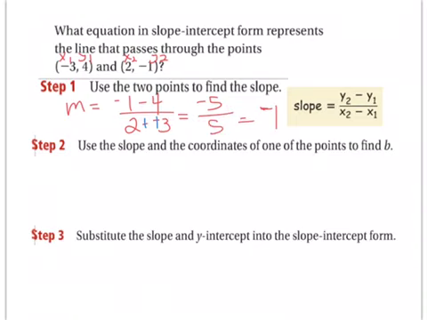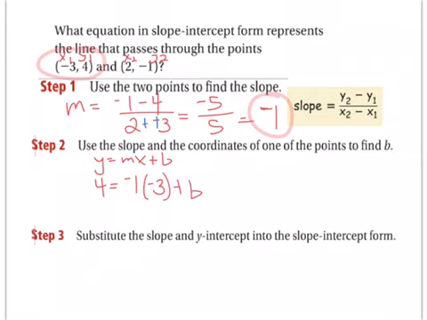After you find the slope, you're going to pick 1 point and the slope that you found and plug them into y equals mx plus b. My y value, because I picked the first point, is 4. The slope was -1. The x value is -3.